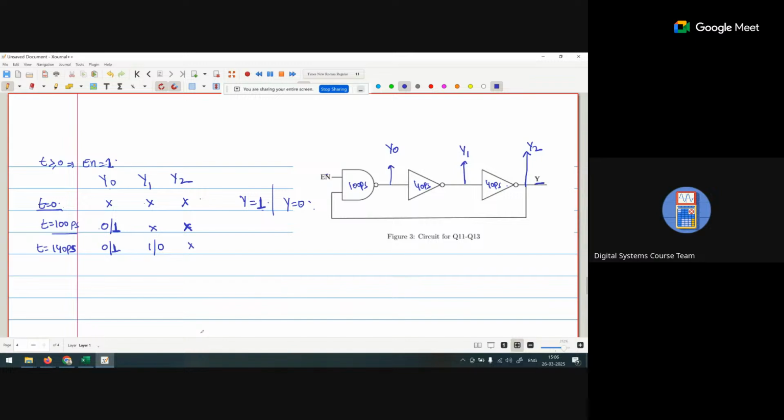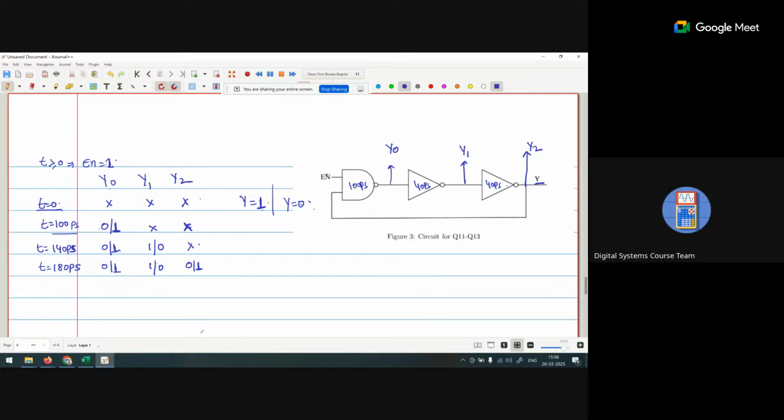This one is invalid. Now at t equal to 180 picosecond, it is 0 or 1, 1 or 0. If it is 1 or 0, we are getting a 0 or 1. Clear?